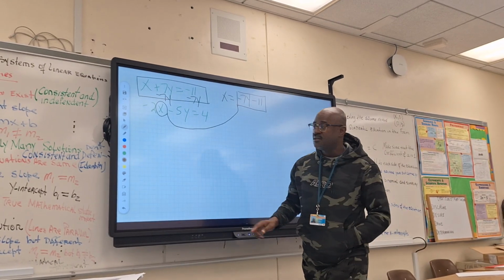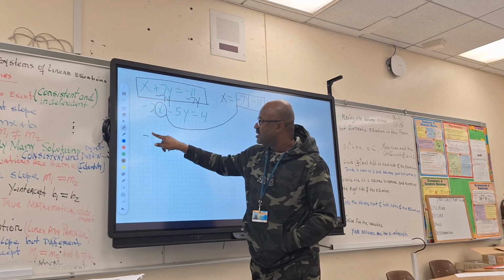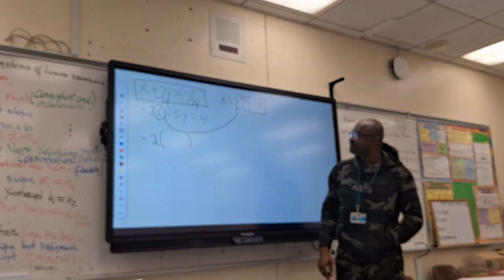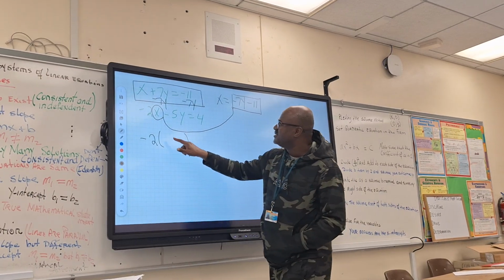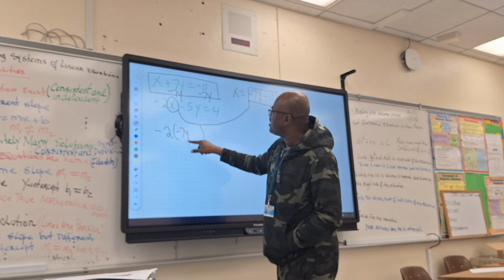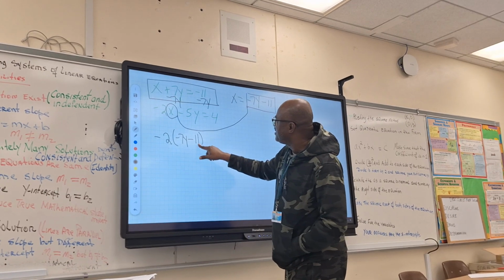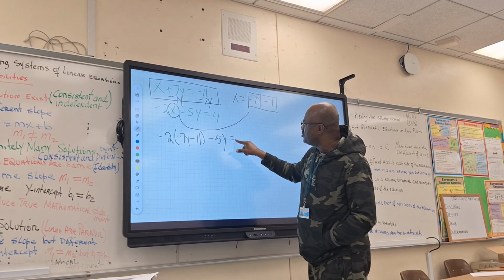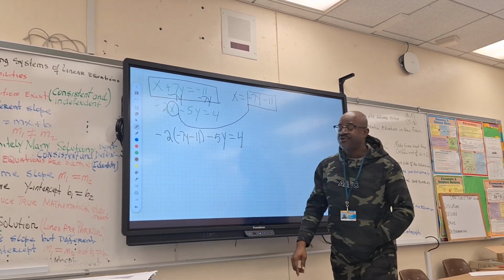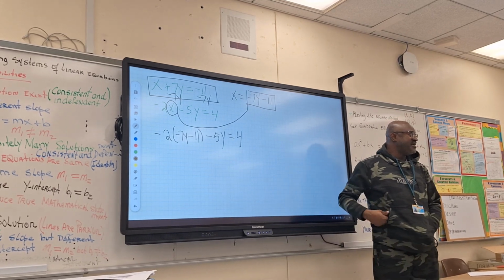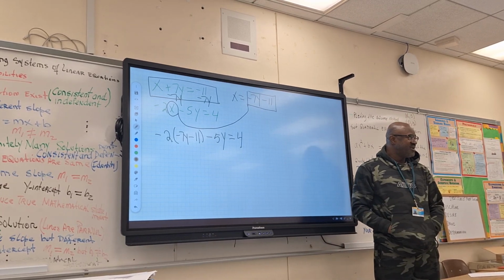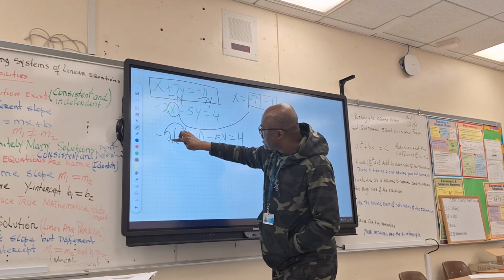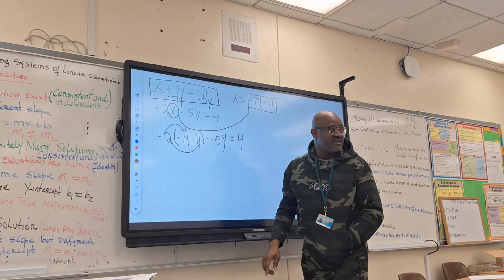That will be -2 times (-7y minus 11) minus 5y is equal to 4. Then you use the distributive property to distribute the -2. What happens when you multiply two negatives? It becomes positive.